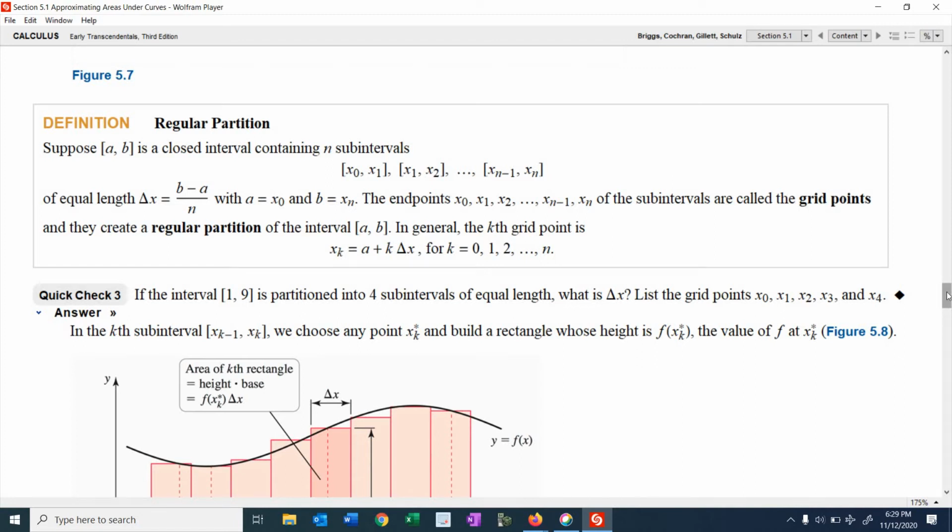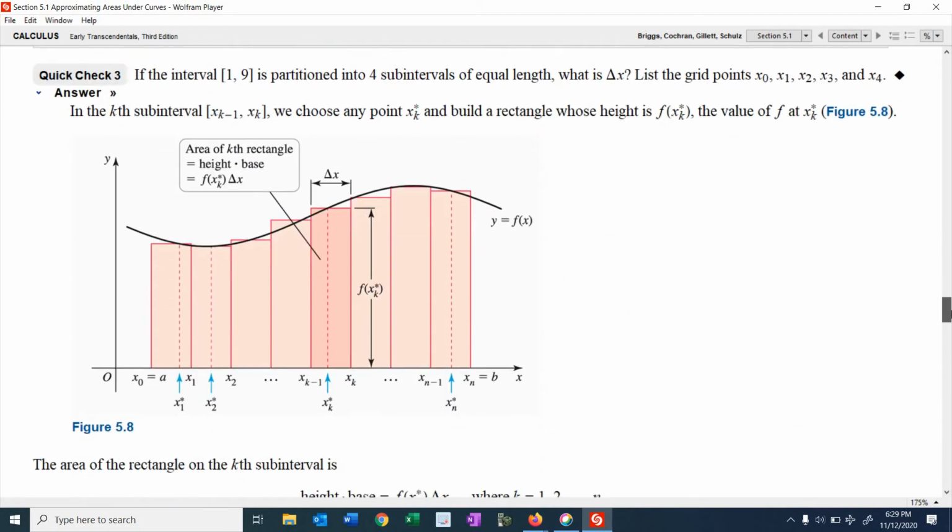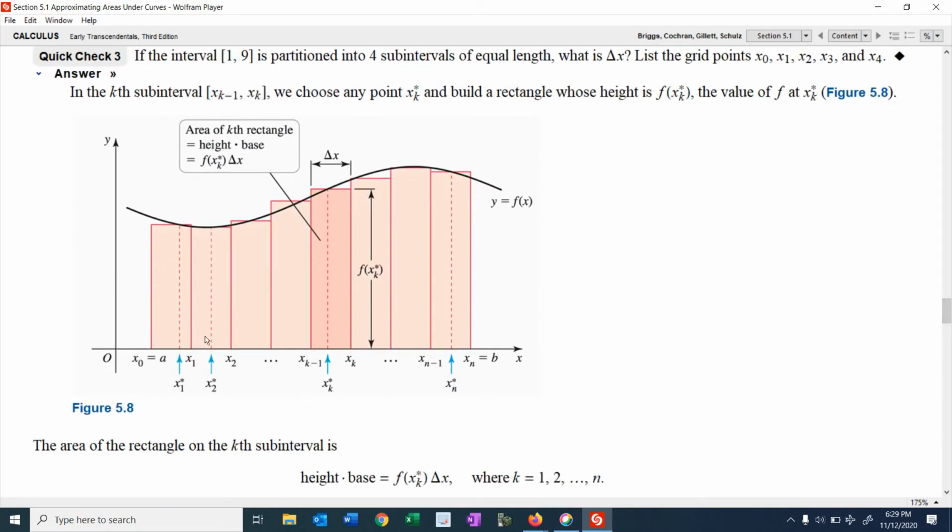Okay, so after we create our regular partition, what we're going to do is create rectangles for each of the subintervals, where the height of the rectangle is determined by picking some point in the subinterval and plugging it into the function.